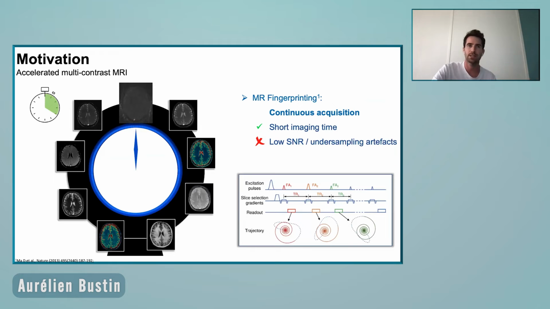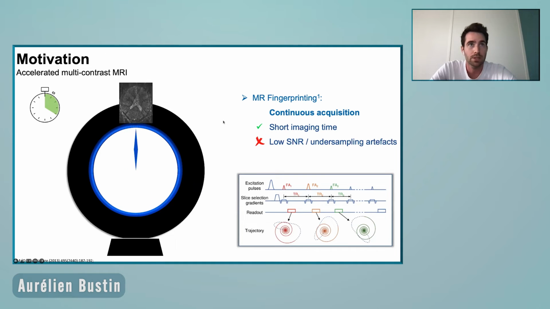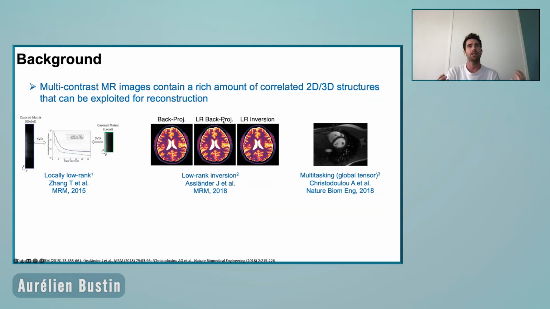So you could get in one single acquisition proton density images, T1, T2, or whatever you want, as long as you know the physics behind. But of course, we need to reconstruct these images. And that was the motivation behind HDProst.